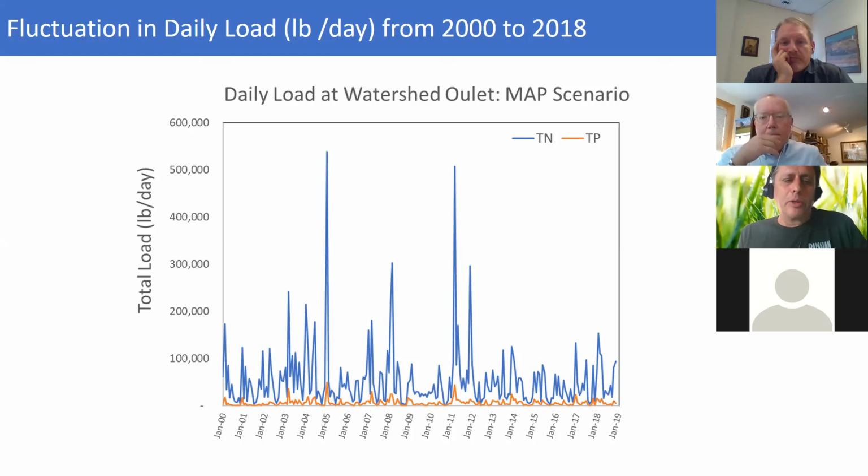These have been averaged to the monthly level. It's the daily load averaged to the monthly level to sort of capture this in a different way. But we see a couple months there that are really, really high loads of total nitrogen and a few others. And then there's periods where the loading is quite a bit less. And so these loads add up to make the total load that we see at the outlet of the watershed.